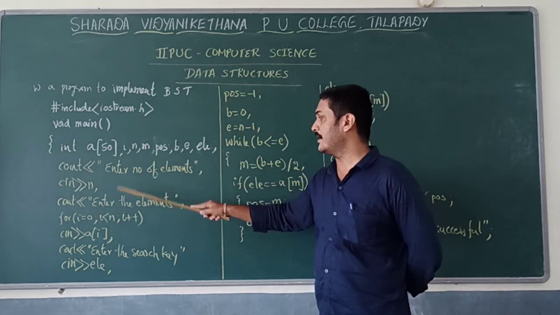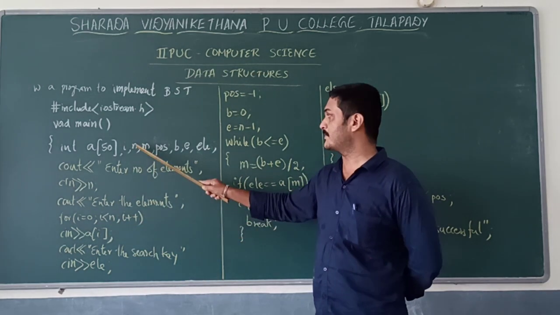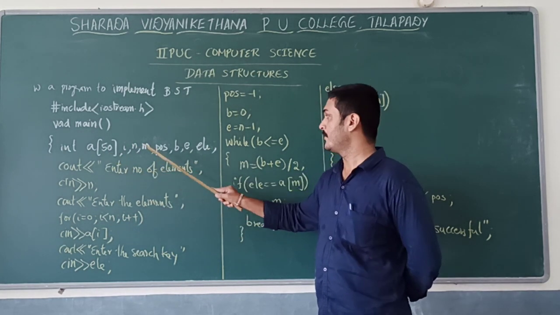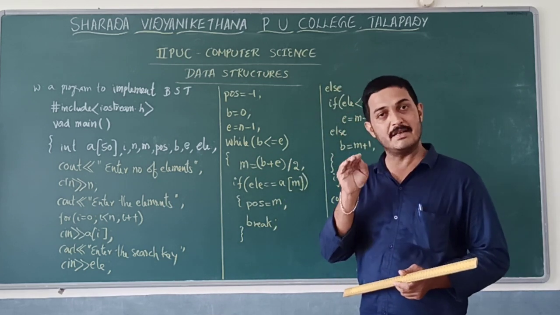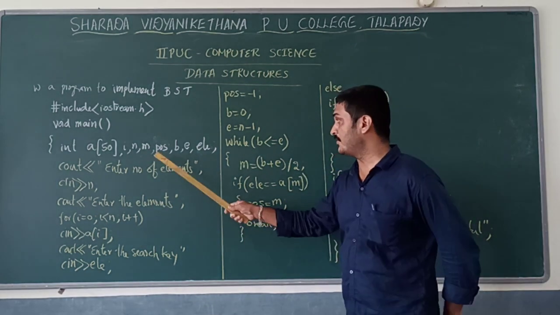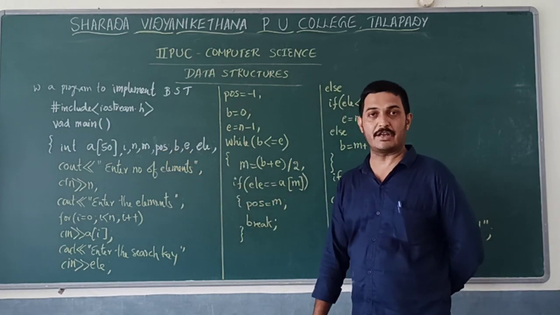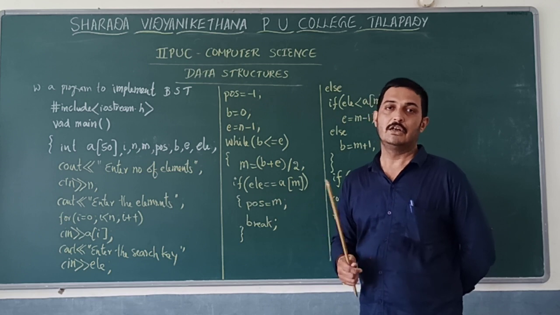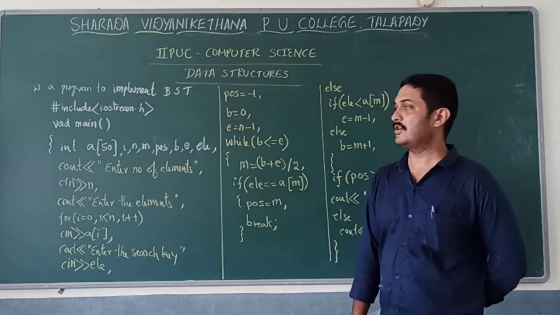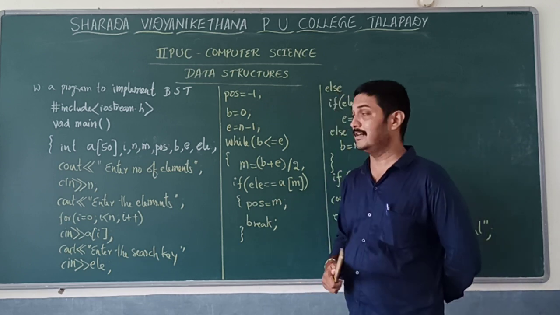Next, n is the total number of elements that we can use, which must be less than or equal to 50. Next, m is the location of the center element, or we can say the middle element. And position is to specify the location of the search key, after the searching process is successful, that is, where it is present in the list.